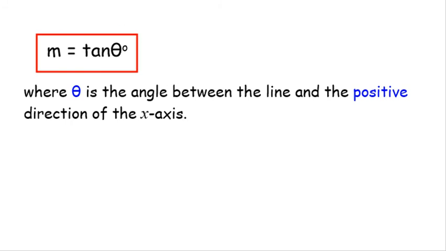Now, one very important point to make here is that the angle that we use, if I draw a quick line here, not a very good one, but that's my y-axis and my x-axis. If I draw a straight line here, the angle that we use is always in the positive direction of the x-axis. Now notice this blue line here makes two angles with the x-axis.